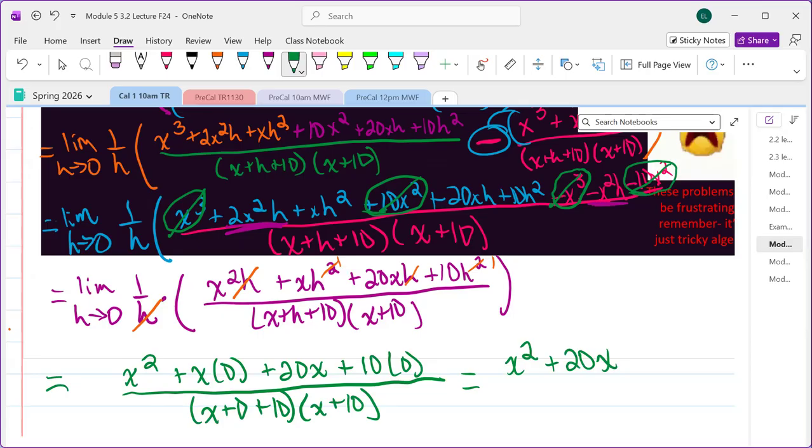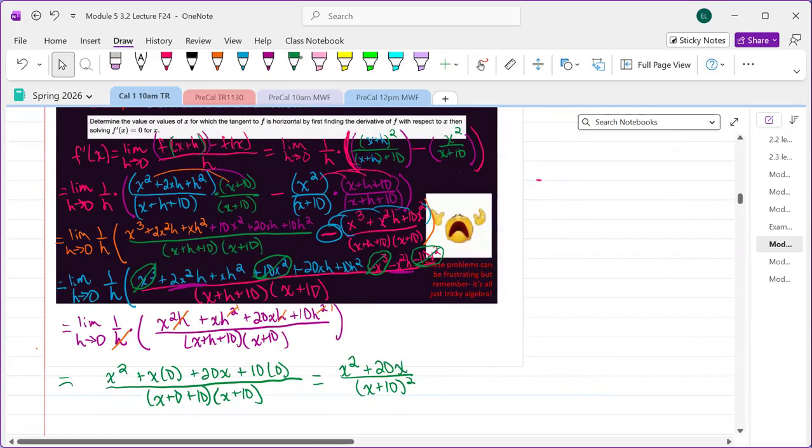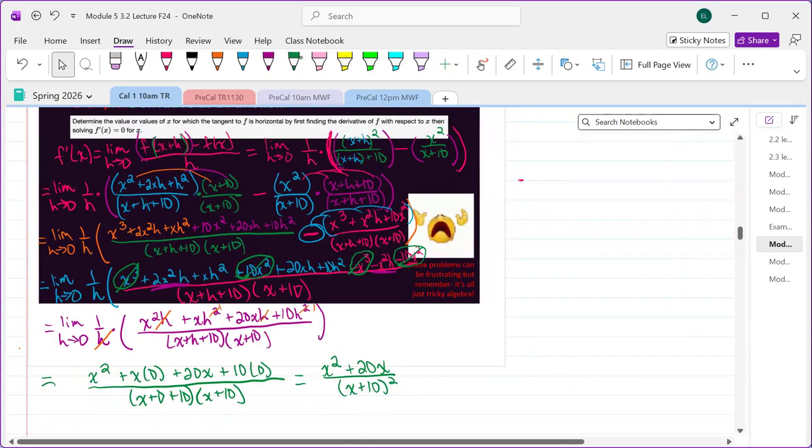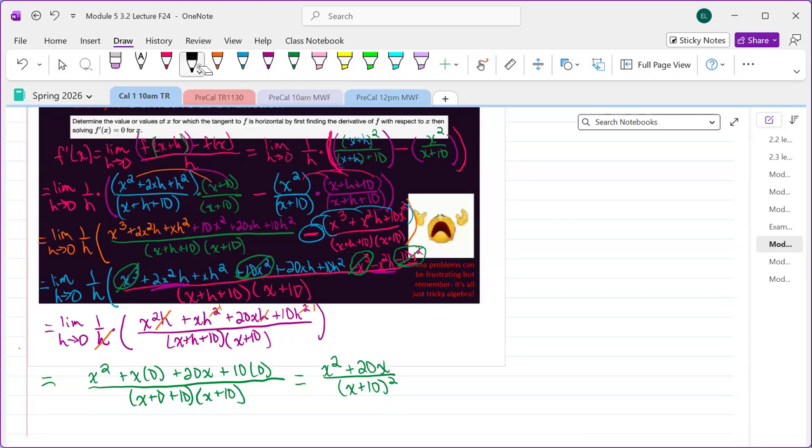So we have x squared plus 20x over x plus 10 squared. So we did all that work to find the formula for the derivative.